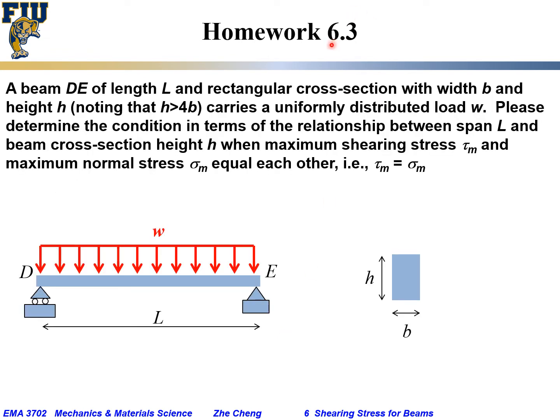Homework 6.3. A beam DE, a prismatic beam with the same cross section, of length L, sometimes you call it a span L, and a rectangular cross section with width of B and vertical height of H. And we said this would be a narrow beam, which means the height would be greater than 4 times the width.